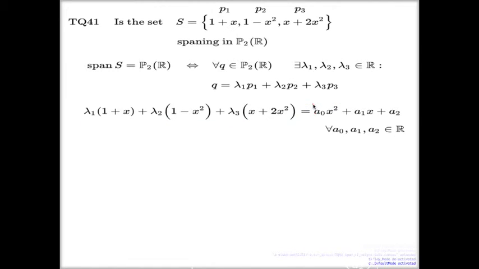Now this idea of being spanning is fully opened and decoded in the nature of the particular vector space of polynomials of degree 2 or less. Listen to this again. What I need to answer is this: whenever I have any set of free numbers A0, A1, A2, I can always find coefficients lambda 1, lambda 2, lambda 3, which make this identity work.